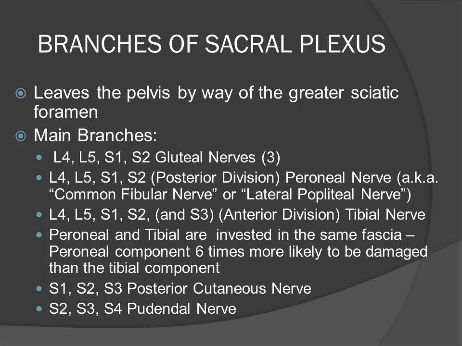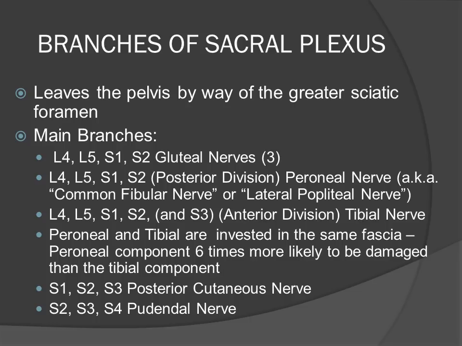And then, as we said, the peroneal and tibial nerves become invested in the same fascia. Now, an interesting finding is that once the tibial and common peroneal nerves become invested in the same fascia, trauma to the now sciatic nerve causes injury or symptoms in the distribution of the common peroneal nerve 6 times more frequently than it does in the distribution of the tibial nerve.